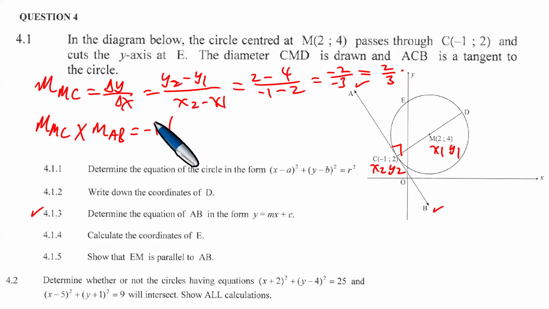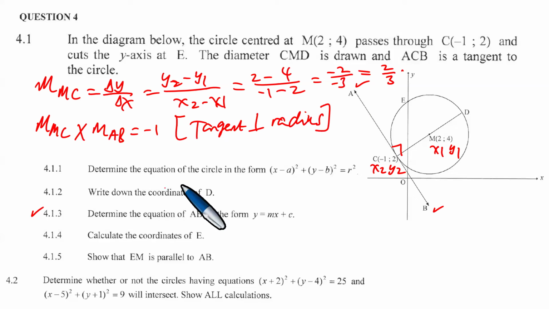We can justify that with the reason that the tangent to a circle is perpendicular to a radius at the point of contact. The gradient of MC becomes exactly 2 out of 3 multiplied by the gradient of AB, and that is -1.